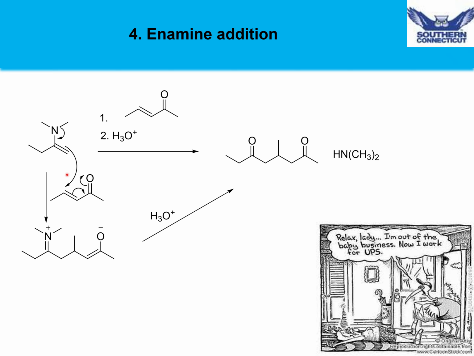That alpha carbon will attack the beta carbon of an alpha beta unsaturated compound, such as a ketone. We now form, in this reaction, this bond here, reacting the alpha carbon of the enamine with the beta carbon of an alpha beta unsaturated carbonyl.